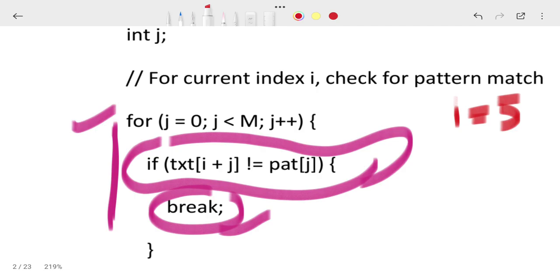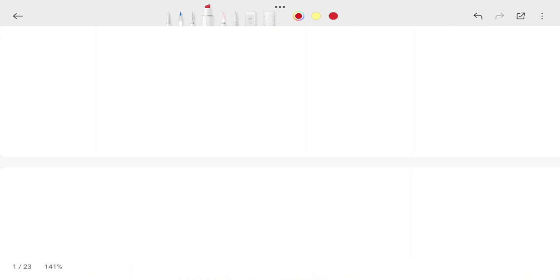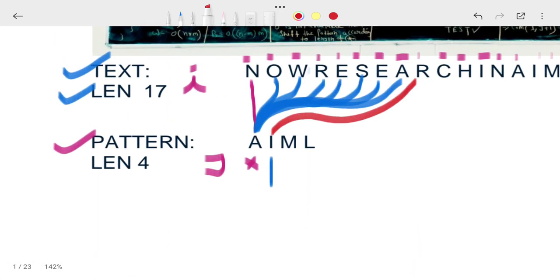Now 5 plus 1, that is i plus j plus plus, means the next letter from the text matches with pattern j? No, you can see I and R are not matching. So if both are not matching, again break. Break means come out from the loop and i plus plus.